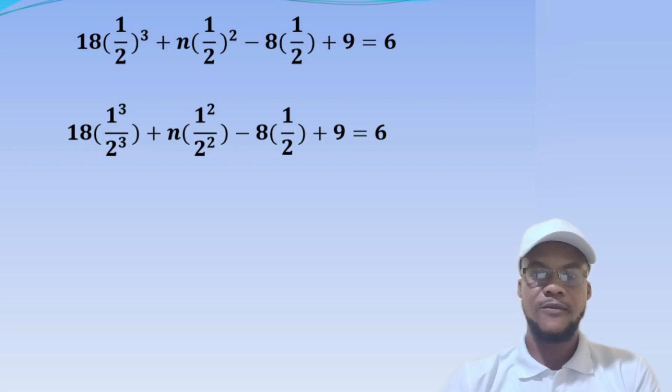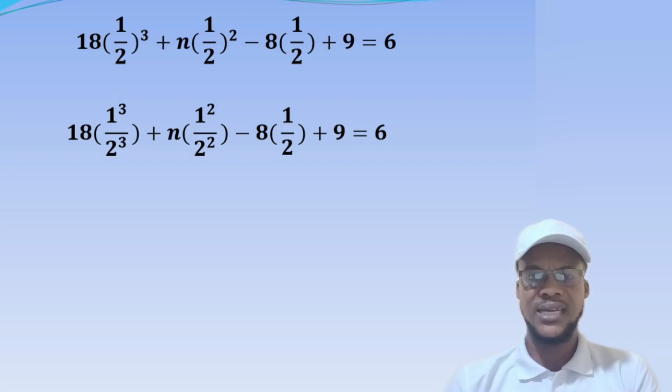Now you are taking the cube of half. When you see anything like this, a fraction, and you are taking the exponent of a fraction, how do you do it? Know that the exponent, which is 3, affects each of the numerator and the denominator. Have you gotten that? So you could see that 1 cube divided by 2 cube.